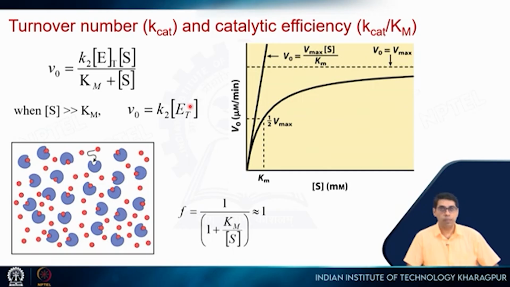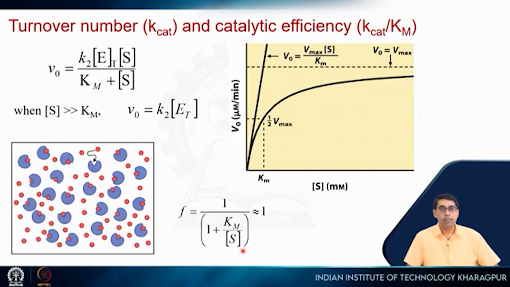If we increase the substrate concentration, it is not going to increase, which means that we have reached this saturation point. When substrate concentration is much greater than the Km value, then our V naught will reach this Vmax value or K2 times Et.